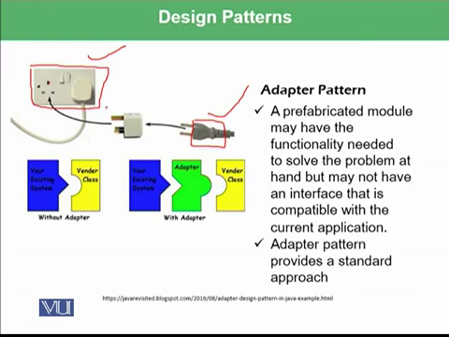So here you can see another switch which takes two inputs. This can be connected to the charger using this interface which has two legs, and then these three legs can be connected with the socket. So this particular thing is an adapter pattern, which tries to adapt to a particular situation.